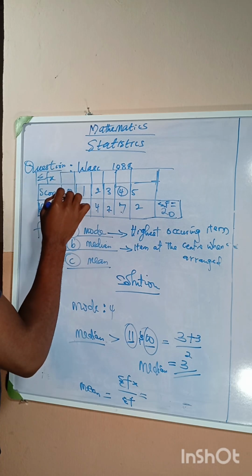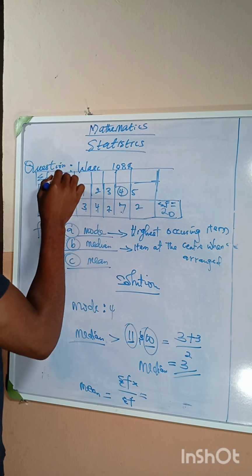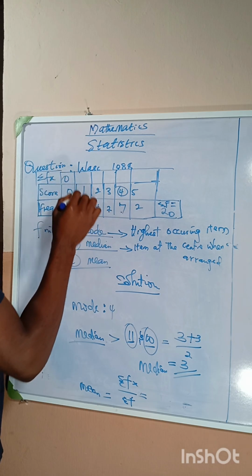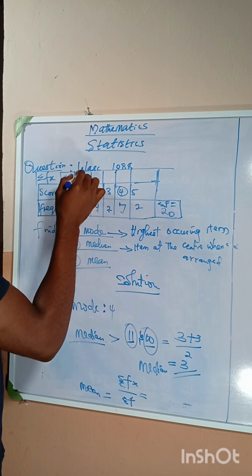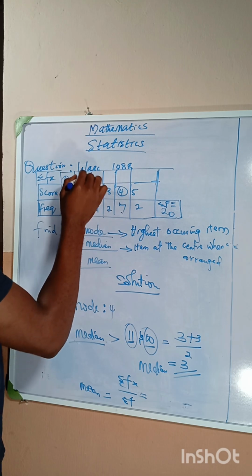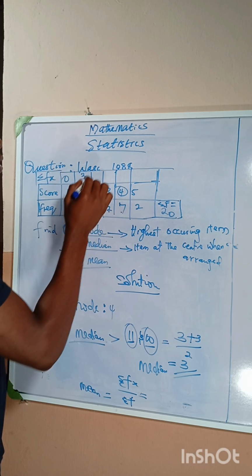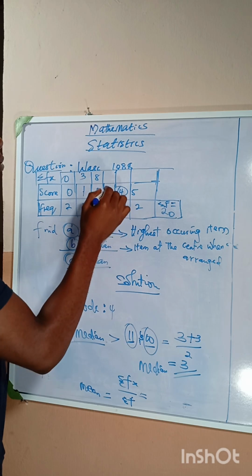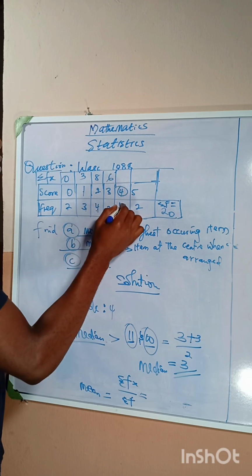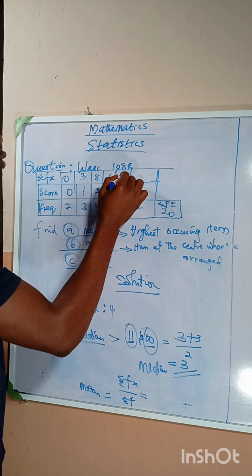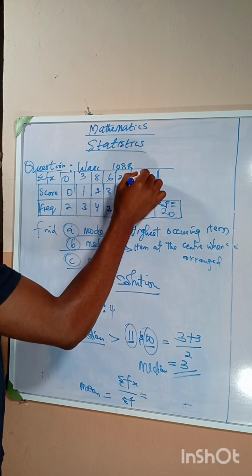So this times this gives you 0, this times this gives you 3, this times this gives you 8, this times this gives you 6, this times this gives you 28, this times this gives you 10.